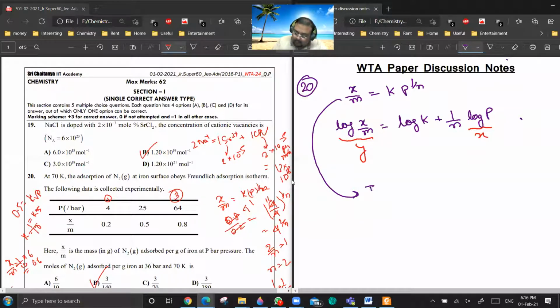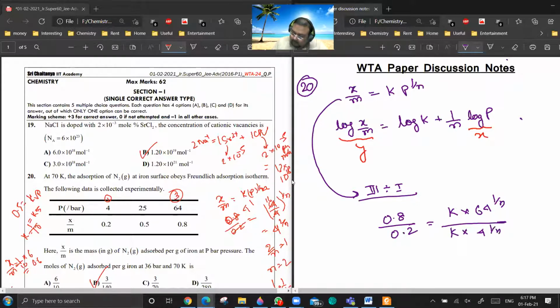Dividing data number 3 by data number 1, we get x by m: 0.8 by 0.2 is equal to k into 64 to the power 1 by n by k into 4 to the power 1 by n, right?